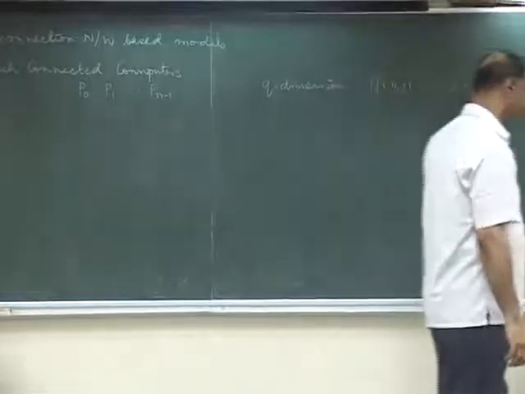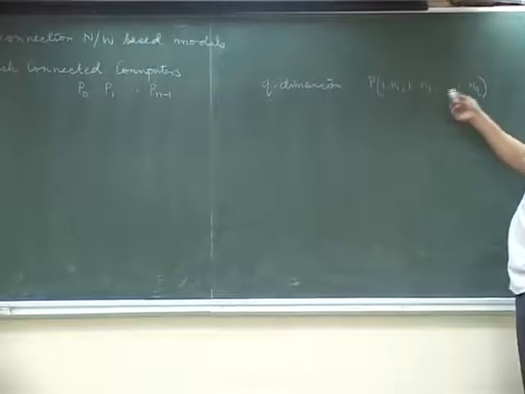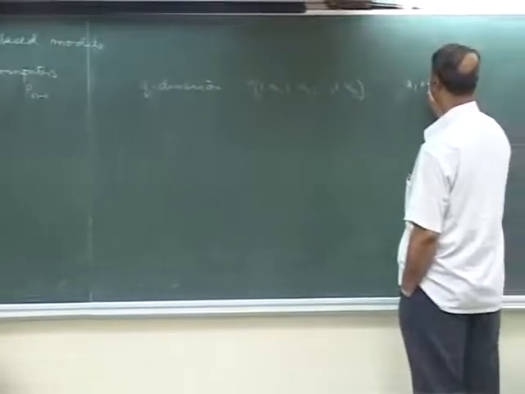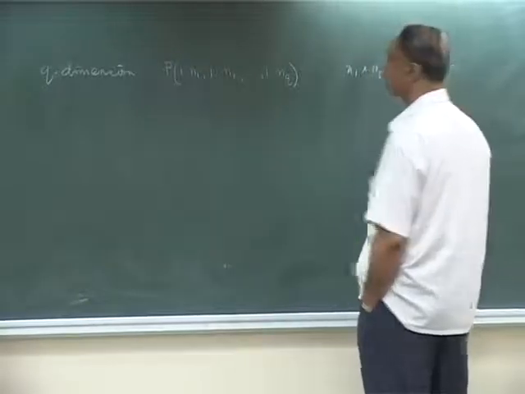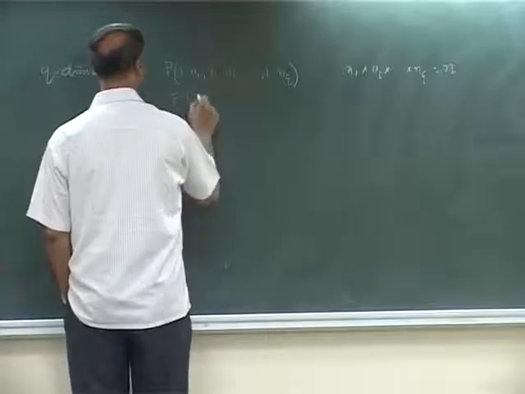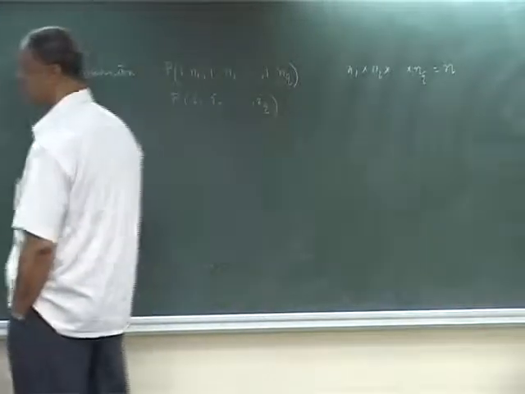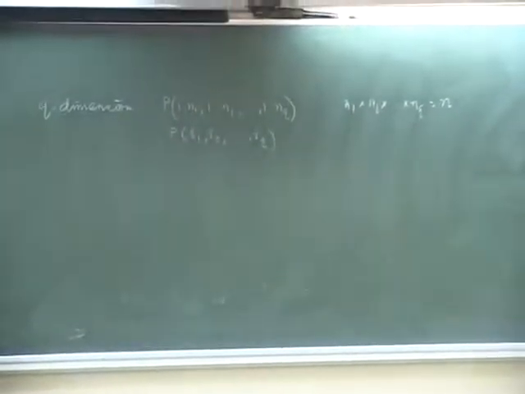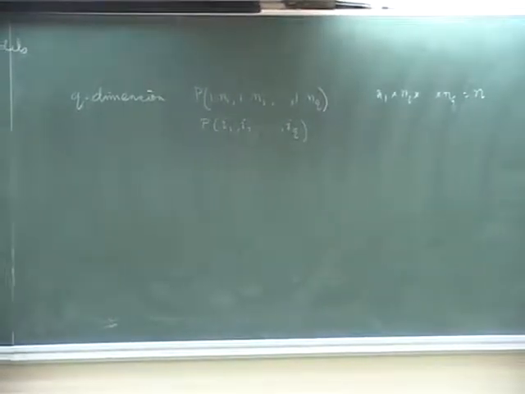This is the Q dimensions, where N1 into N2 into NQ is your N, and P(i1, i2, ..., iq) is the processor at the i1th position in the first dimension, the i2th in the second dimension, and the iqth position in the Qth dimension. Okay.